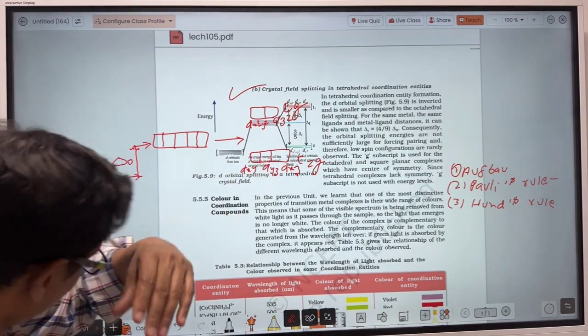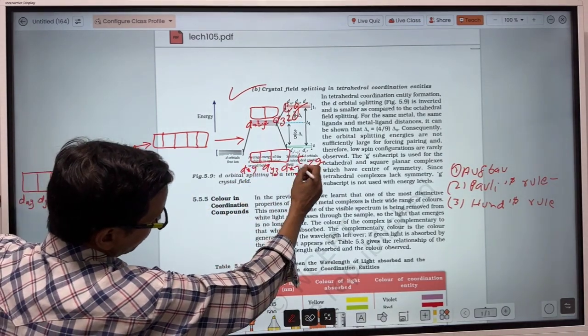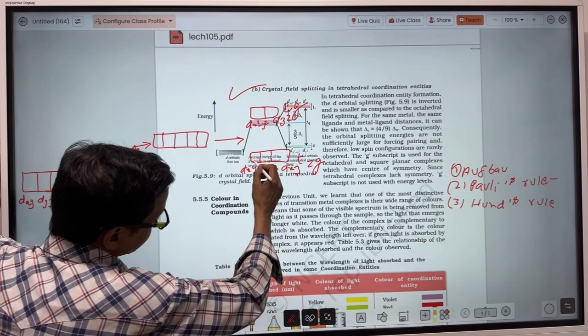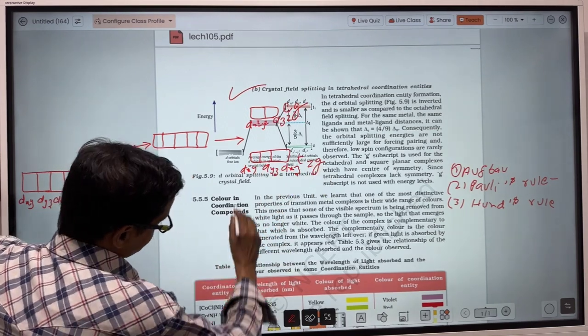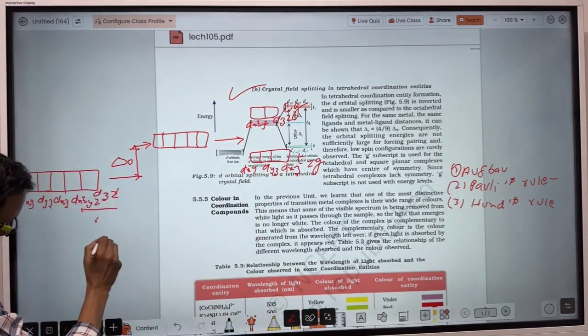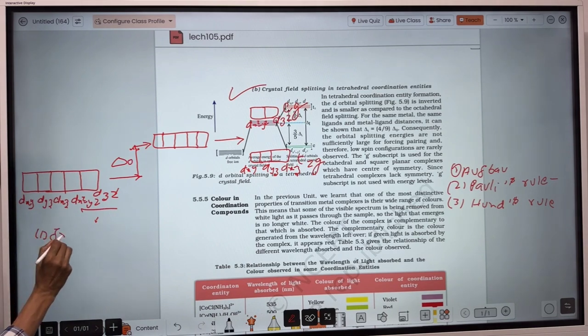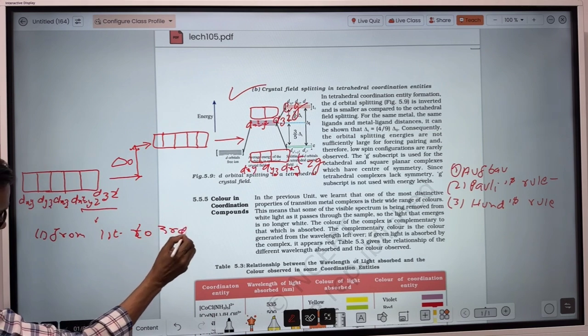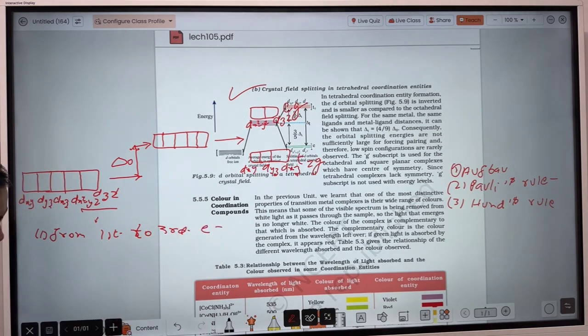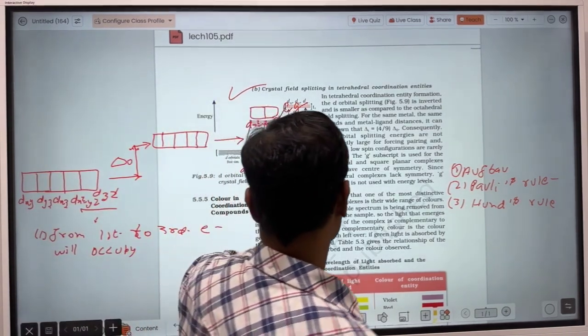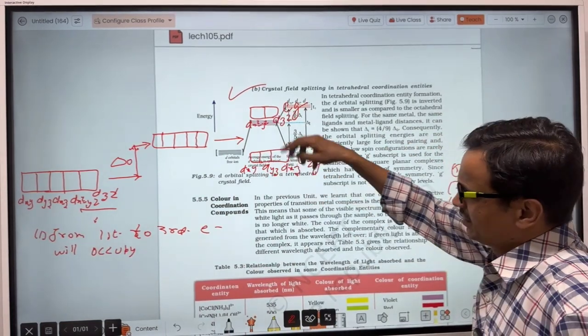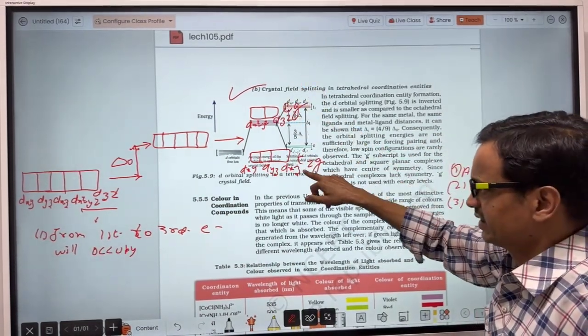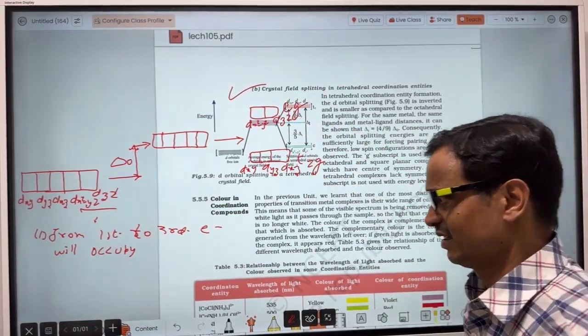So for the first 3 electrons, the energy of T2g energy level is less. Energy of T2g is less. So first, second and third, from first to third electron will occupy the space in T2g energy level, because compared to Eg energy level, the energy of T2g is less.